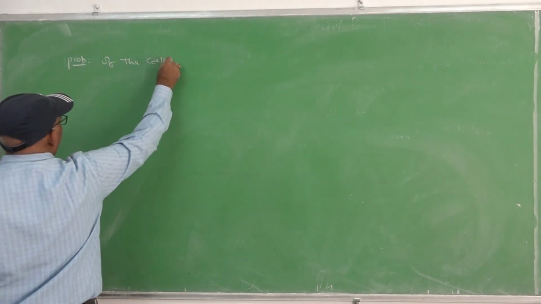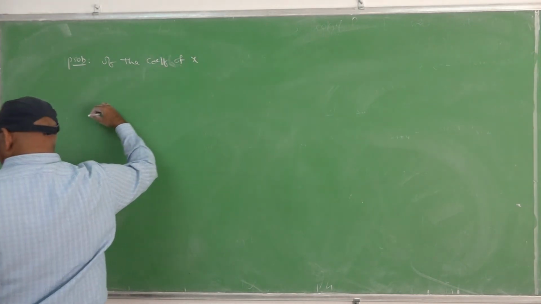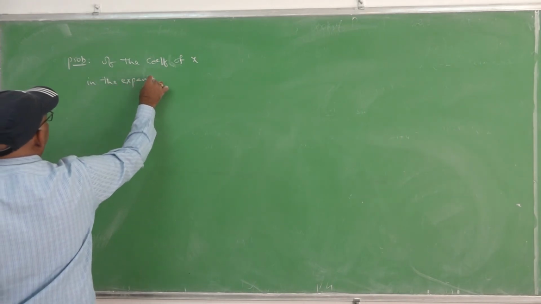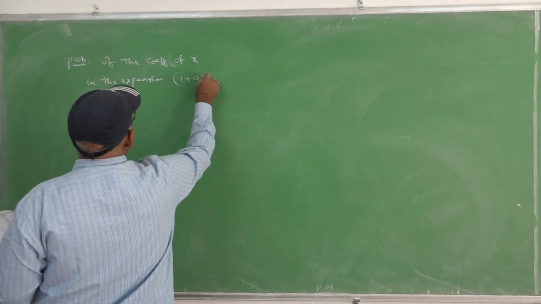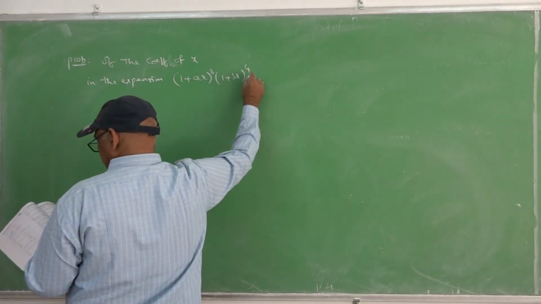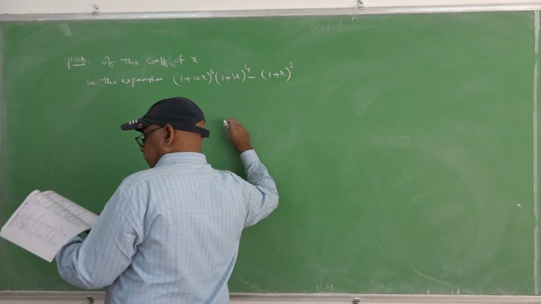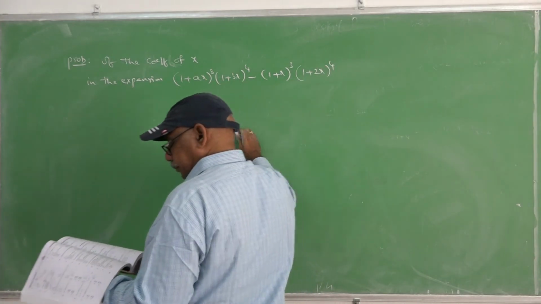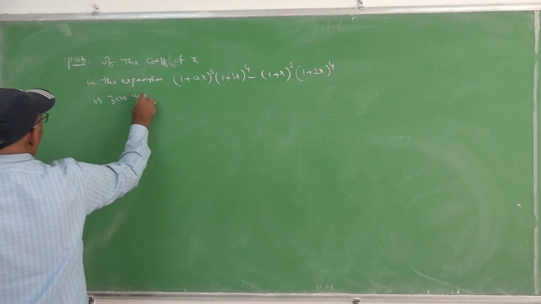If the coefficient of x in the expansion of (1+ax)^8 (1+3x)^4 minus (1+x)^3 (1+2x)^4 is 0, then a equals what?